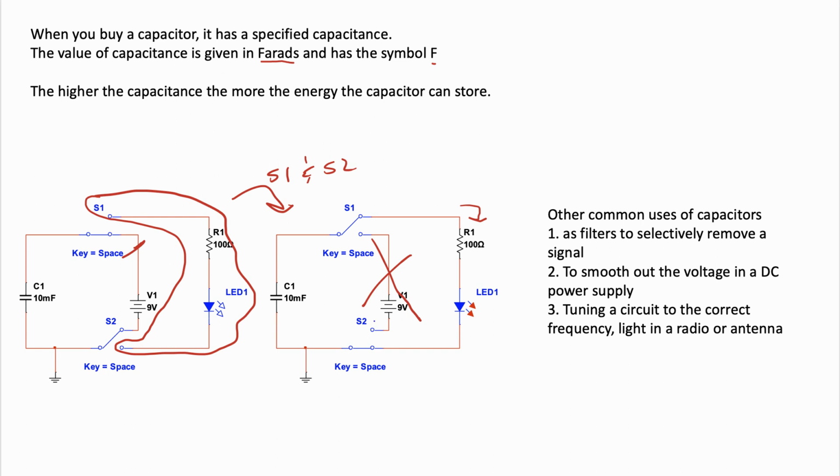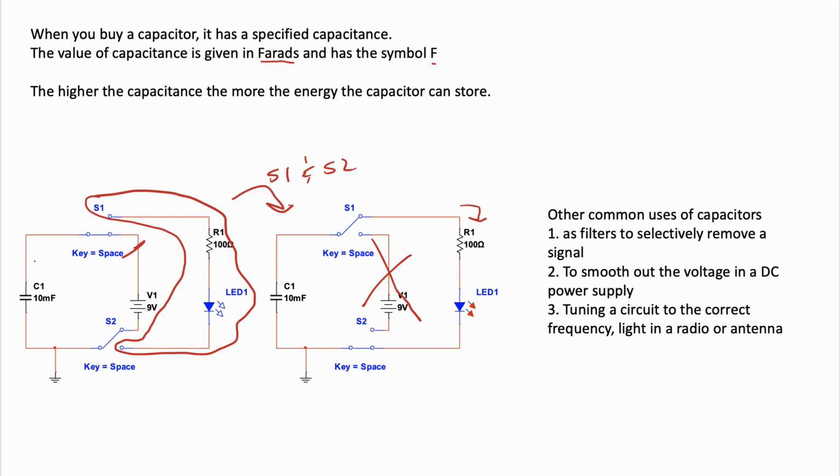But you can use the same capacitor for decades, whereas a battery only lasts for a short amount of time. And here's some other common applications. They can be used as filters to remove some electrical signal. They're also very common in power supplies.